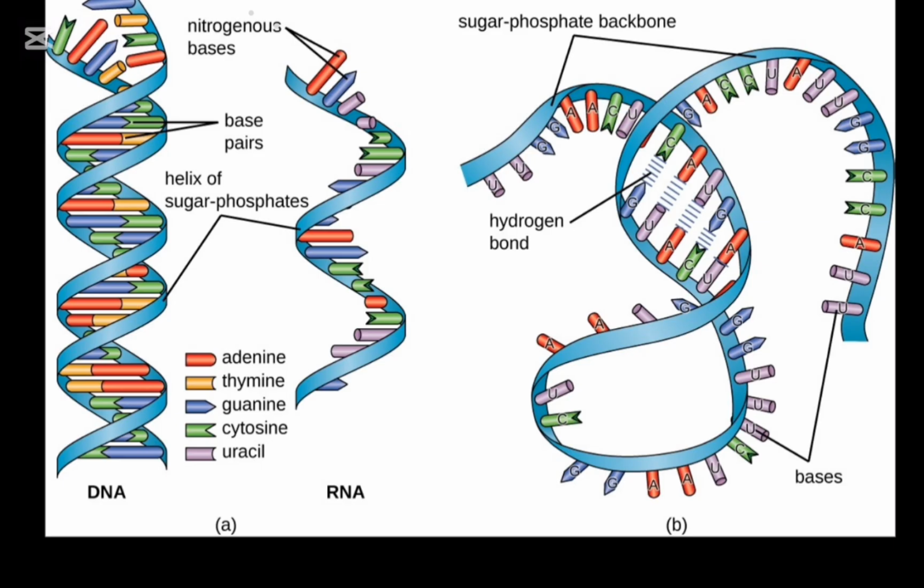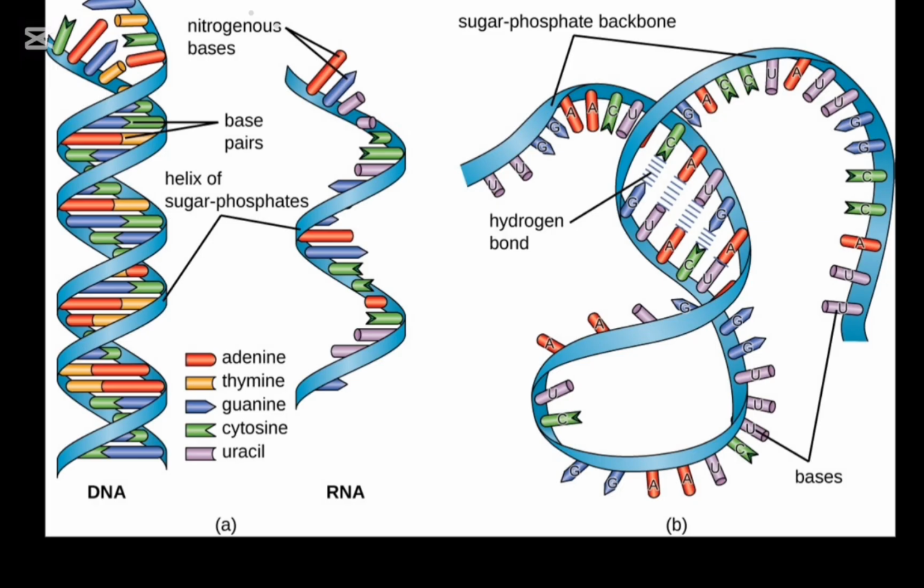The blue pairs with the green right here, being guanine and cytosine. This is our DNA molecule. And then in our RNA molecule, there is no pairing that happens. Why? Because it's a single molecule. So in its natural state, there is no pairing.